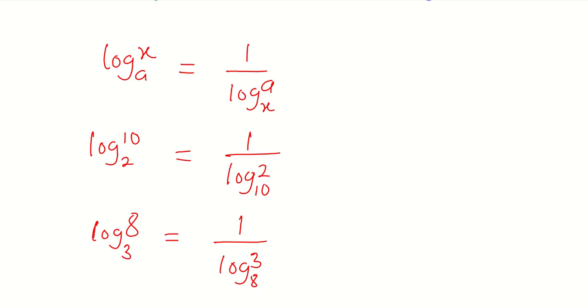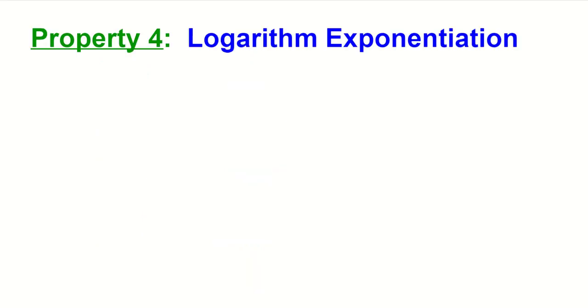That's the last one, and it says the logarithm exponentiation. That's property 4, logarithm exponentiation, which means the logarithm now is serving as an exponent. Now we have a to the exponent logarithm of the argument b to the base a.